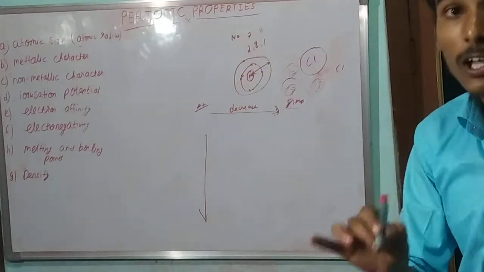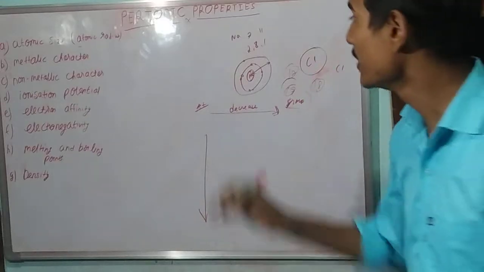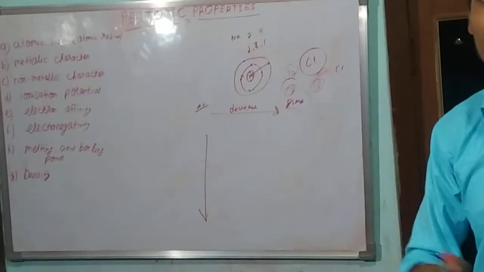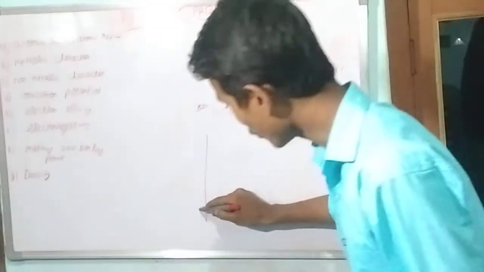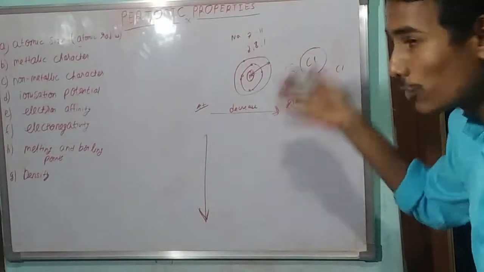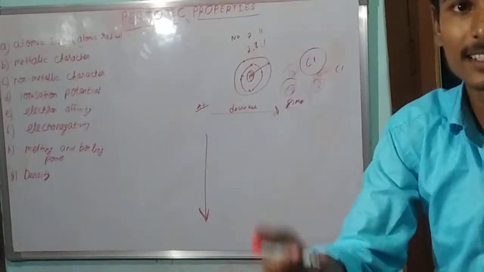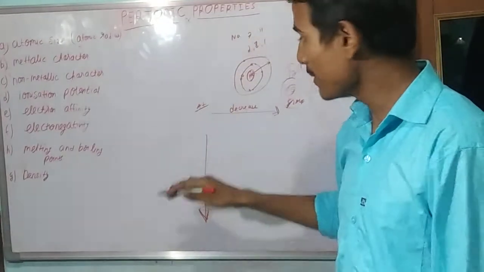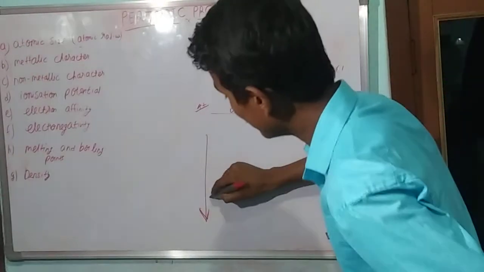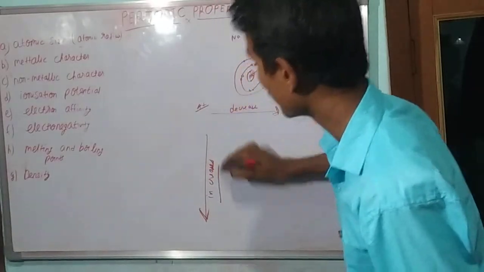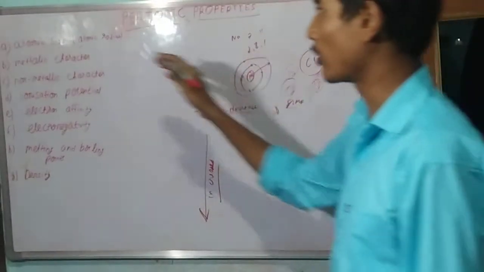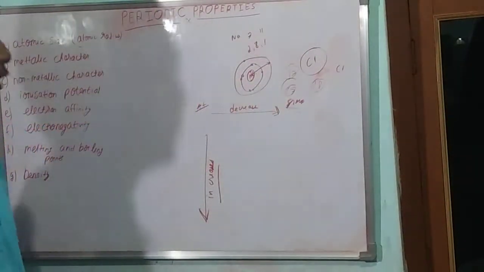But overall, atomic size increases down the group, because the increase in the number of shells outweighs the increase in nuclear charge. So overall atomic size increases down the group. This is all about how atomic size varies across a period or down the group.